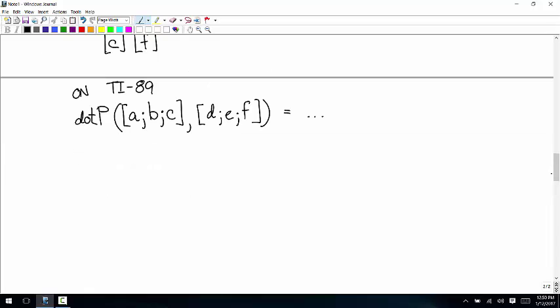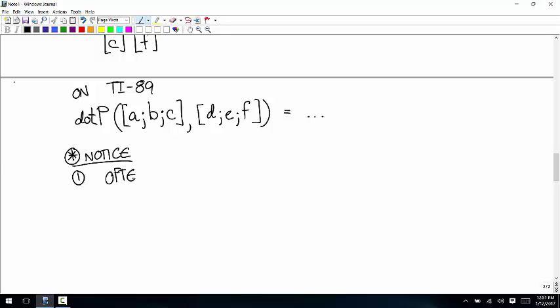There are a few things about dot products that are important to remember. So notice, first, I guess I already mentioned this.